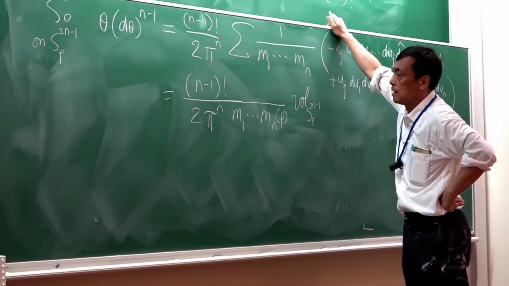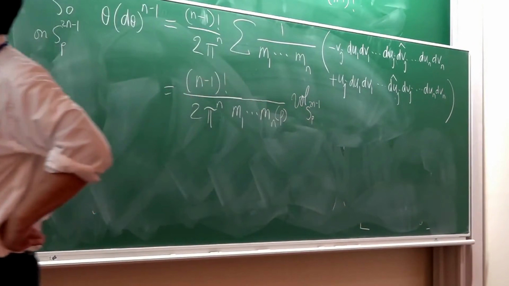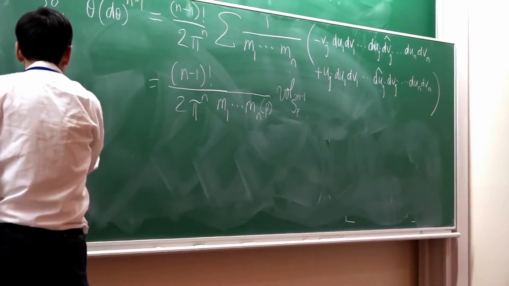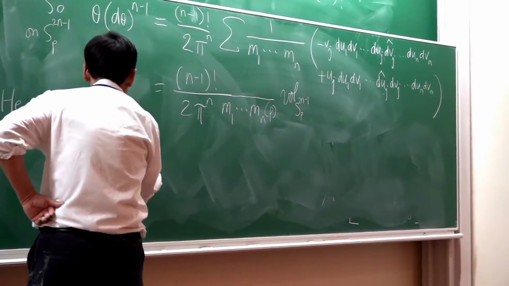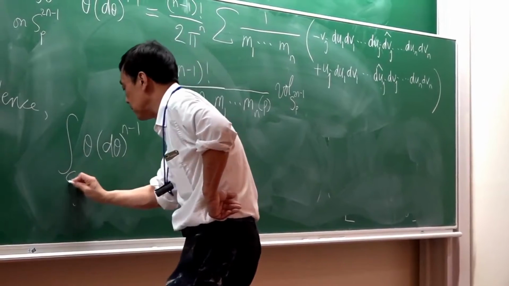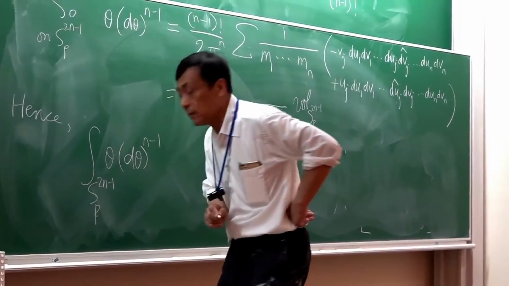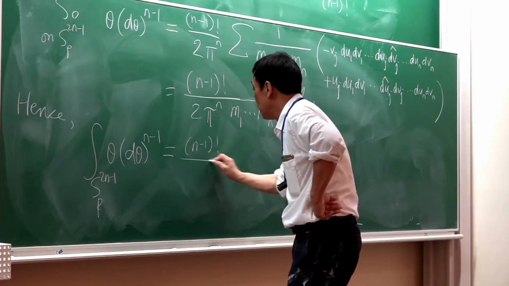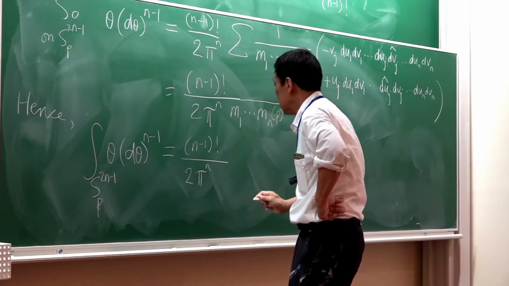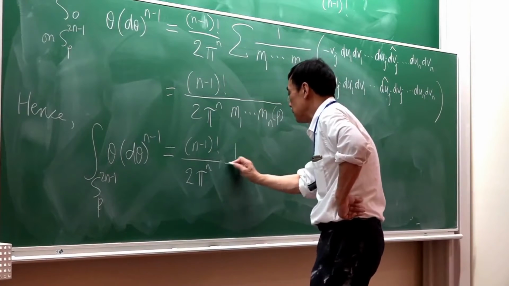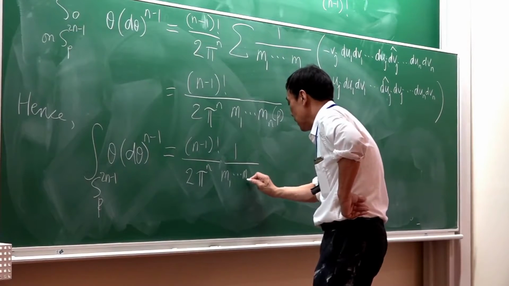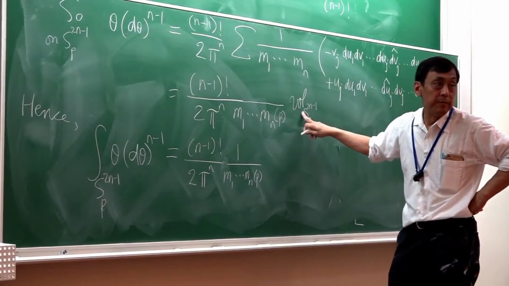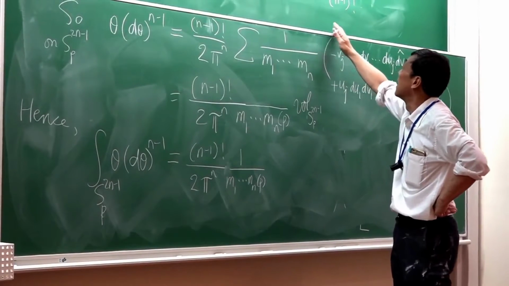And yeah, so the integral of theta d theta to the m minus 1 over the unit sphere about P is going to be (n minus 1)! over 2 pi to the n, and then 1 over m_1 to m_n at p, okay, times the surface area of the sphere.